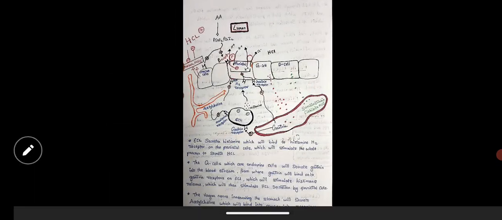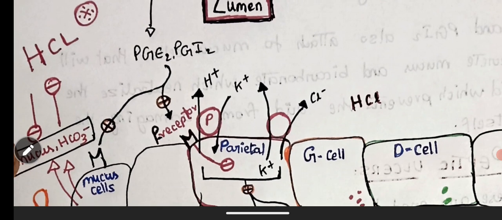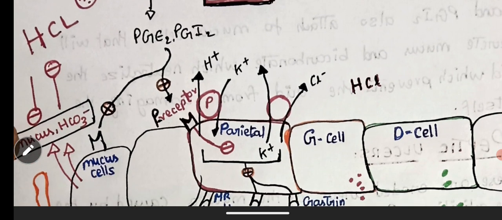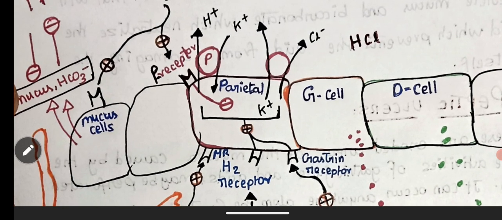Here, arachidonic acid is in the lumen, then it's going to convert into PGE2 and PGI2 through the COX enzyme. Then mucous cells contain prostaglandin binding receptors.